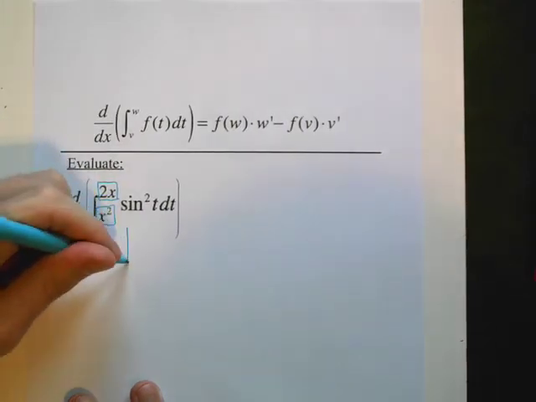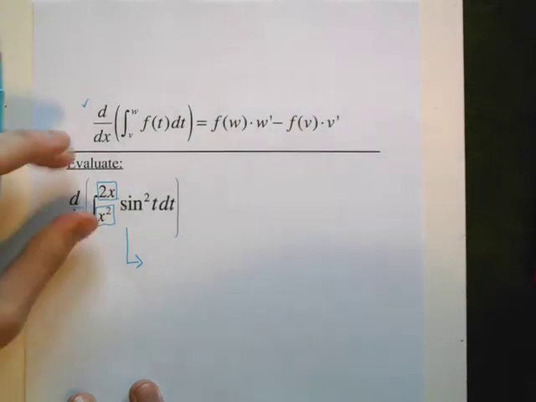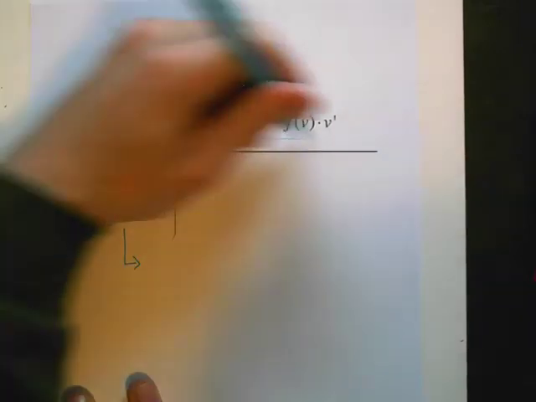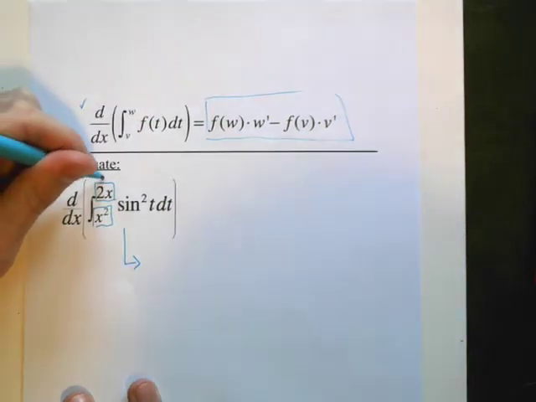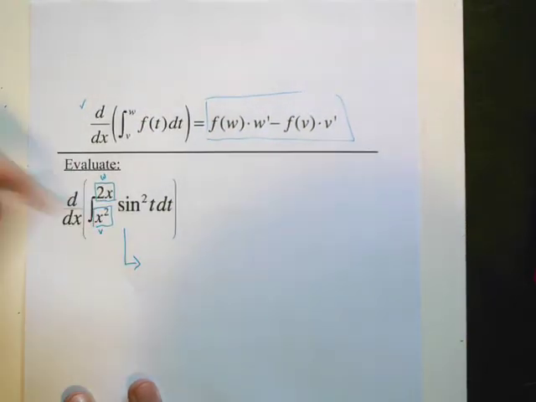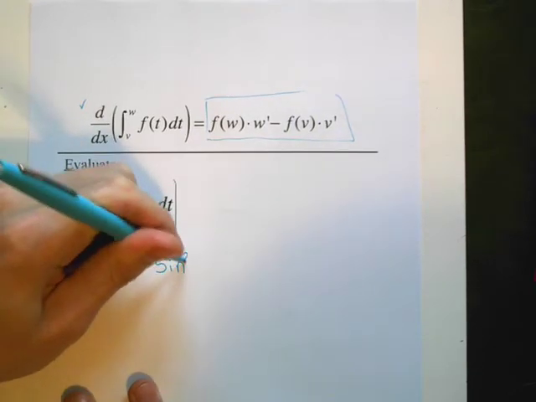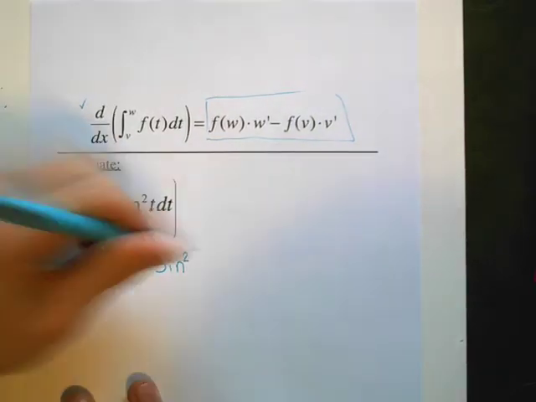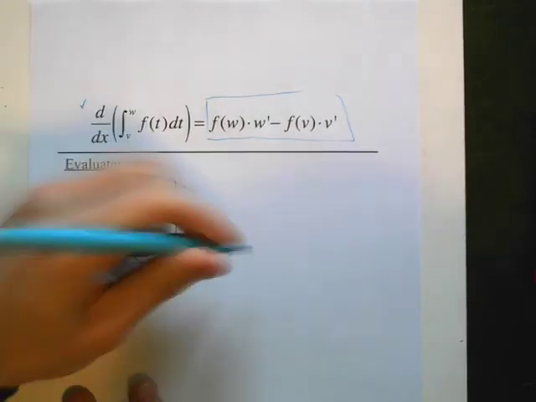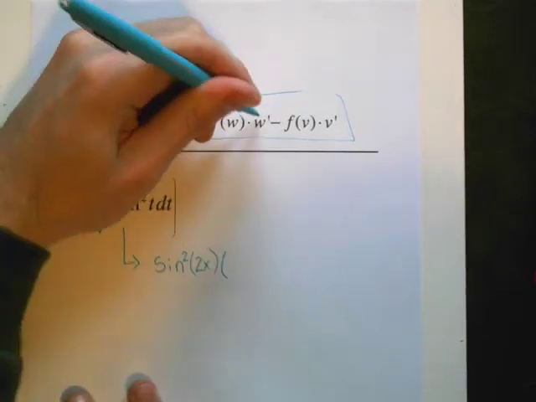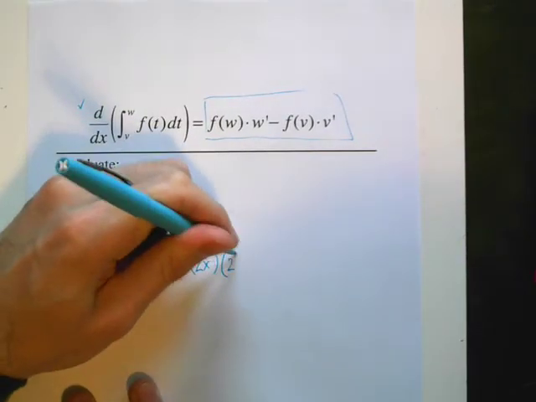Okay, so in order to approach this, we need to use the second fundamental theorem of calculus, which says right here, we're going to take f of w. So if this is my w, this is my v, I'm going to say sine squared. Instead of t, I'm going to plug in my w, which is 2x, times w prime, which is the derivative of 2x, which is just 2.